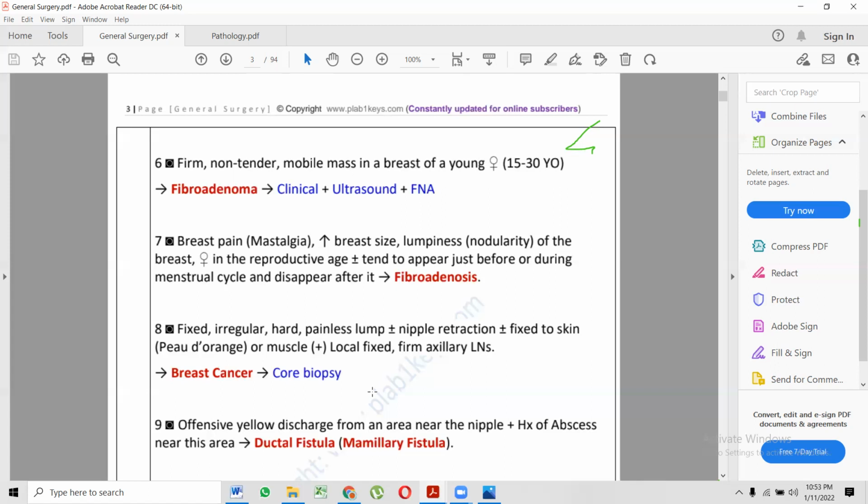So punch biopsy takes a bigger tissue, and core biopsy takes a smaller one. Punch biopsy takes the skin, the epidermis, the dermis, and the tissue underlying the areola. While in core biopsy, the true cut needle is inserted in the suspected lump, and tissue is taken from there. So tissue is taken in both of the biopsies. The name is different because the needle that is used to take the biopsy is also different.